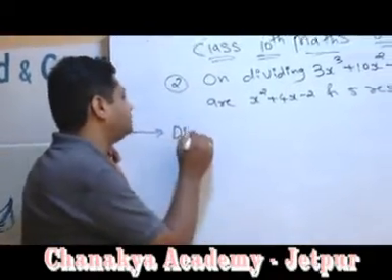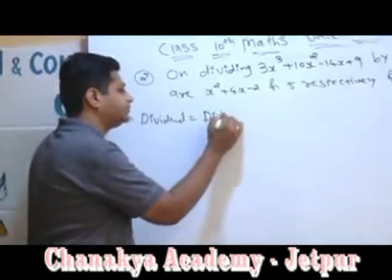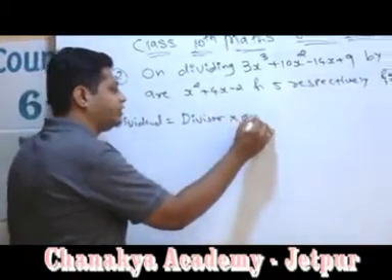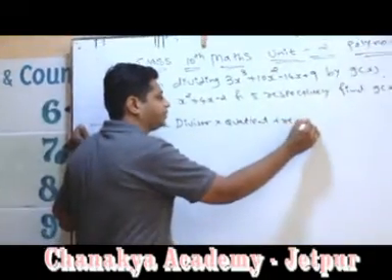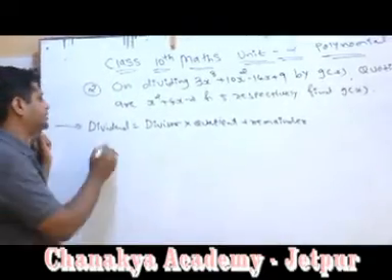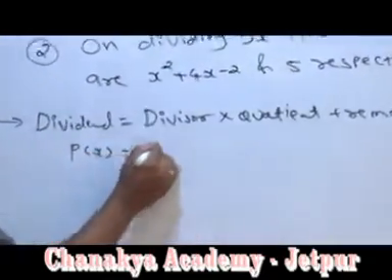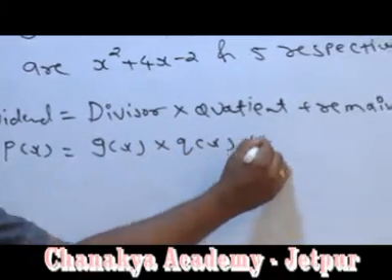Dividend equals divisor into quotient plus remainder, symbolically which can be written as p of x equals g of x into q of x plus r of x.